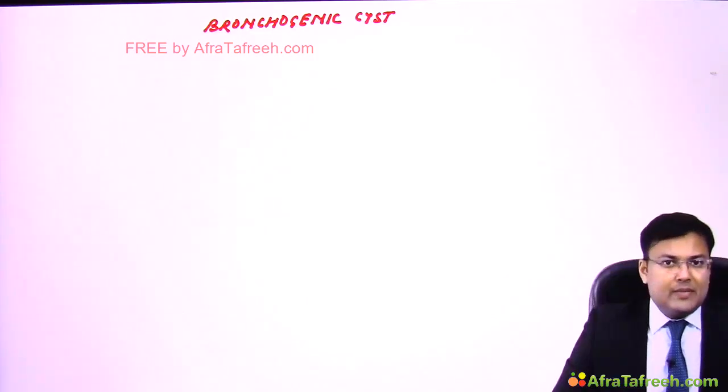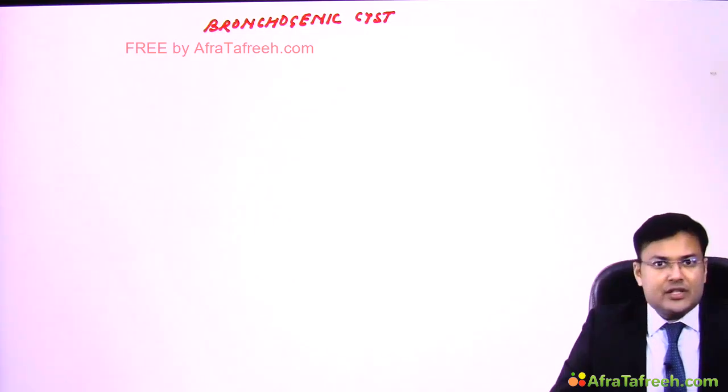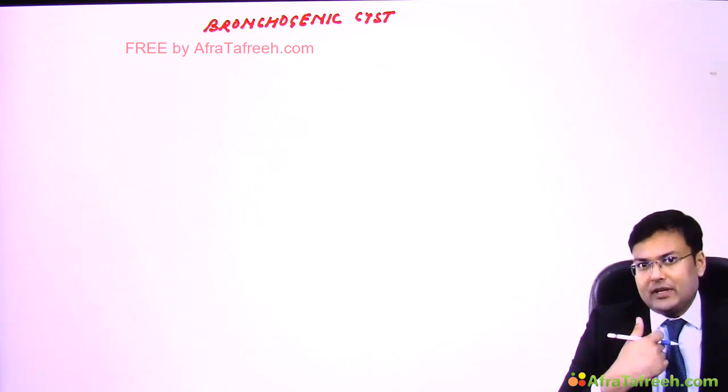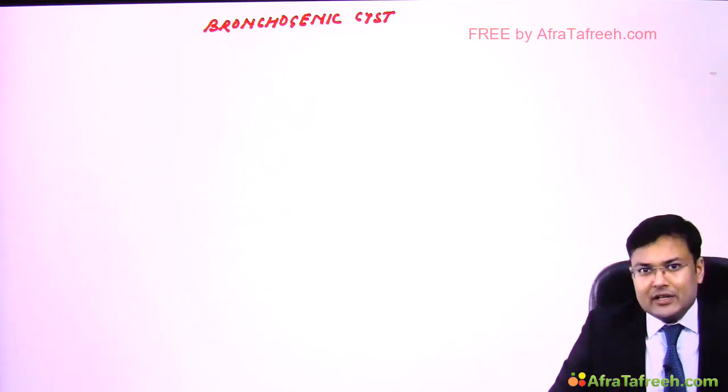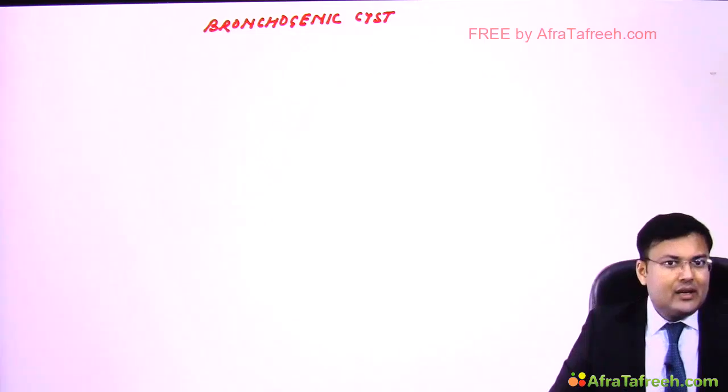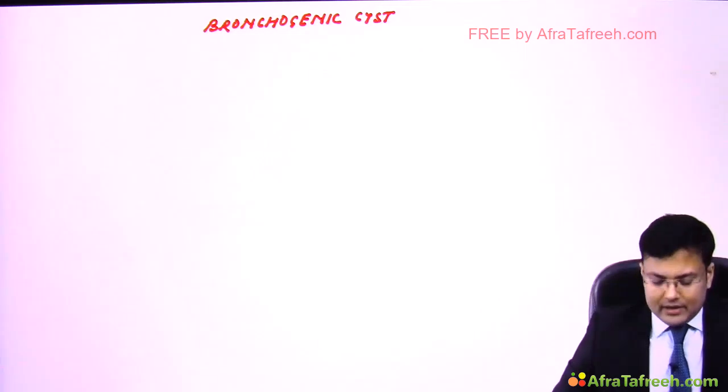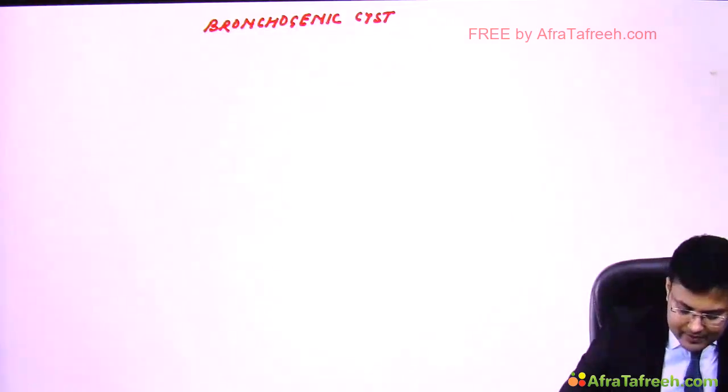Now we are going to start pediatric surgery, and in pediatric surgery first we are going to discuss the bronchogenic cyst. Bronchogenic cyst originates as sequestration of ventral foregut, and you know this ventral foregut is an antecedent of tracheobronchial tree, meaning the tracheobronchial tree is going to develop from ventral foregut. So see the important points one by one.